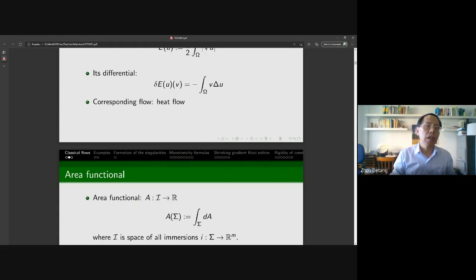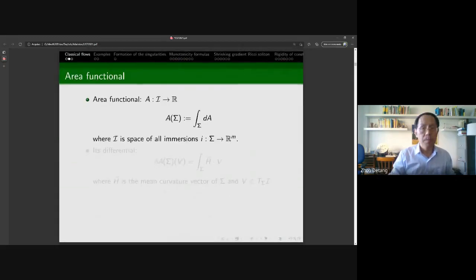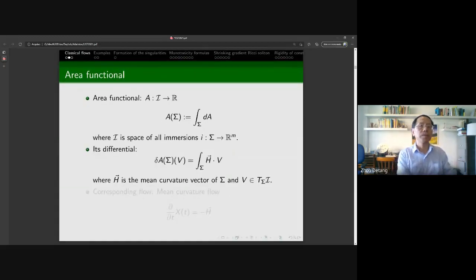So if you look at the area functional, you take a set I, the space of immersions from a compact manifold to Euclidean space. So the area functional is just the area of this immersion. So the derivative of this functional is just like this.